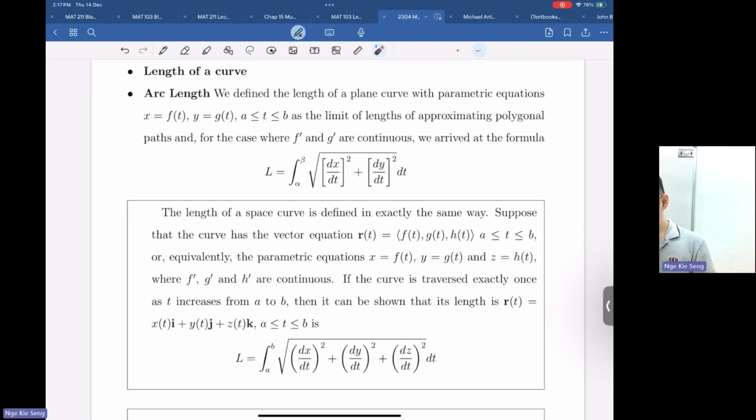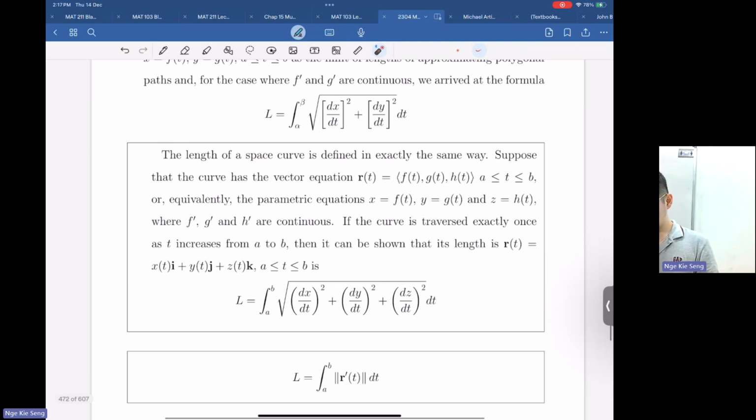We have learned the dot product notation, so it is just the Euclidean norm of r prime(t). The long square root thingy is just the dot product of r prime(t) with itself.